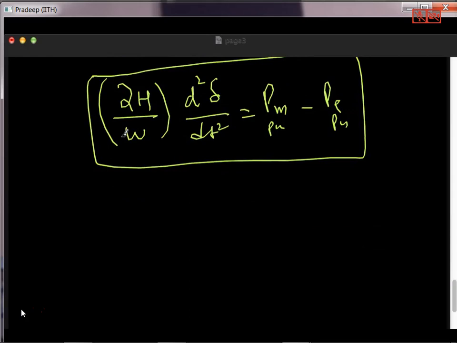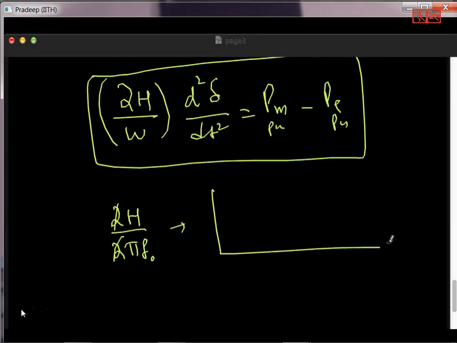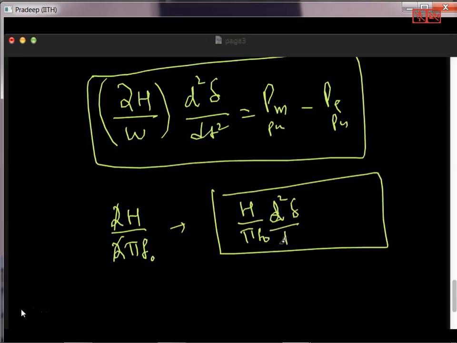Omega is nothing but 2πf. So 2H by 2πf_0, f_0 may be synchronous frequency. So 2 will cancel each other. So I'll get H by πf_0 into d²δ by dt² equal to Pm minus Pe in per unit. So this is another formula.